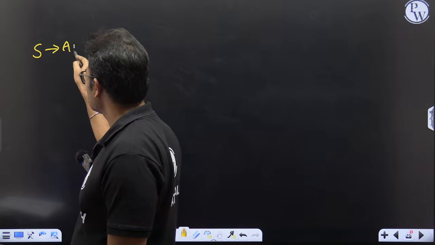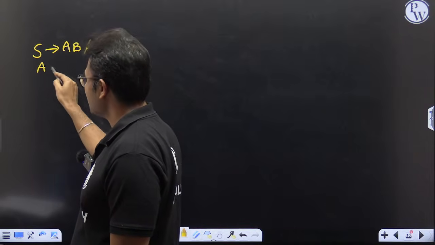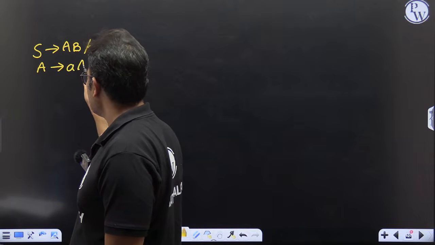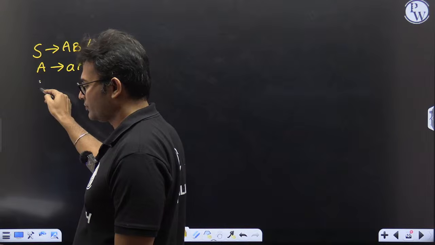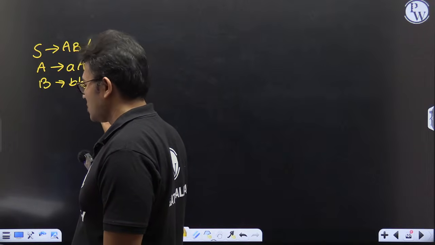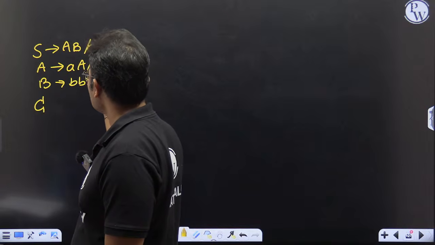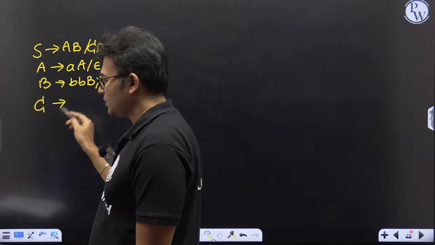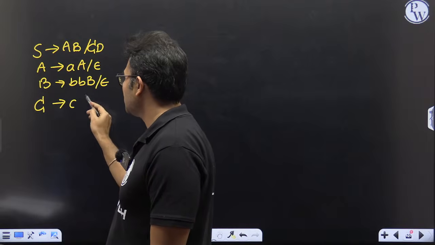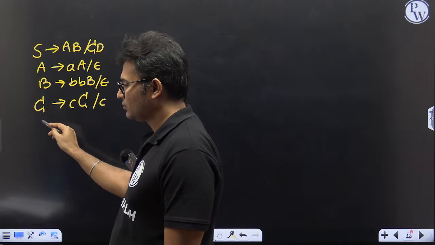S derives AB or CD. A derives AA or epsilon. B derives BBB or epsilon. Capital C derives capital C small c, or small c.